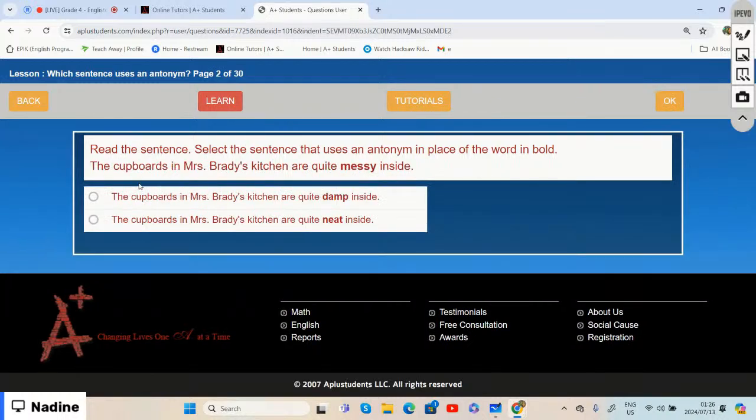It says the cupboards in Mrs. Brady's kitchen are quite messy inside.